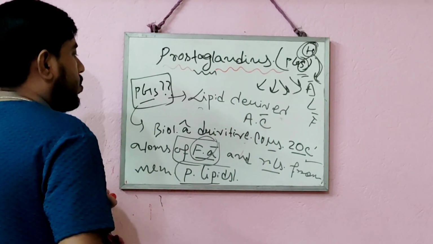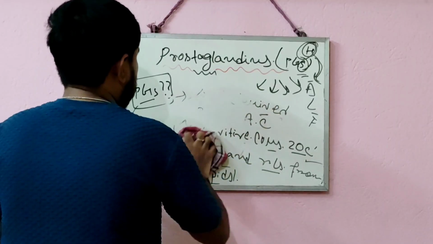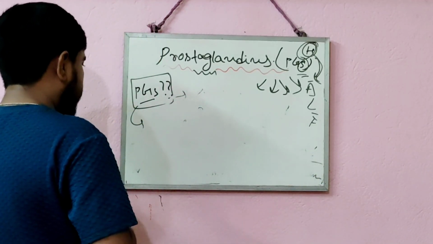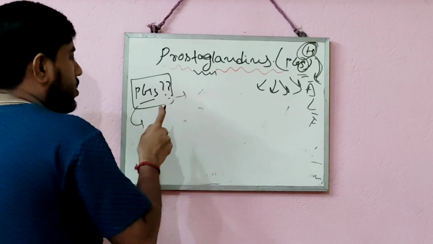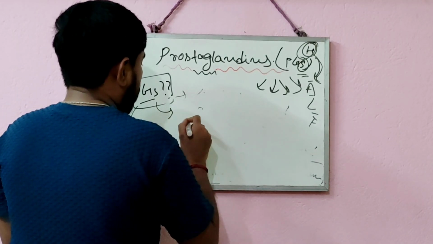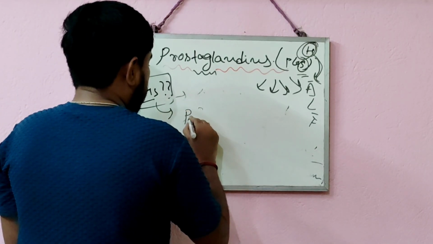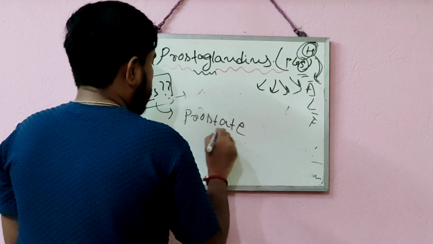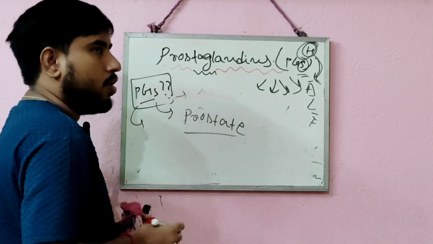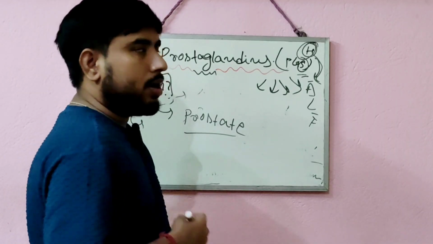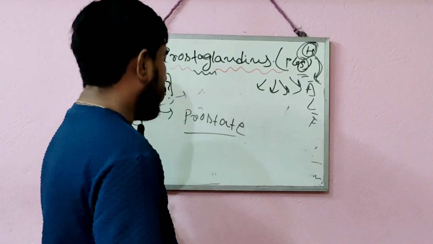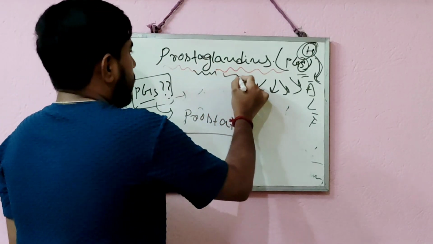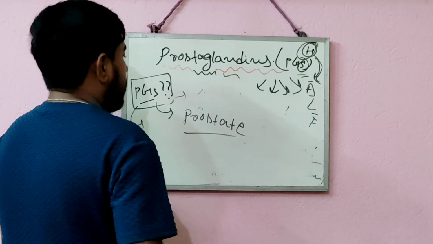And generally prostaglandin is secreted from the prostate gland. Prostaglandin is generally secreted by all the cells present in our body, including stomach, kidney, liver, etc. All release prostaglandin.